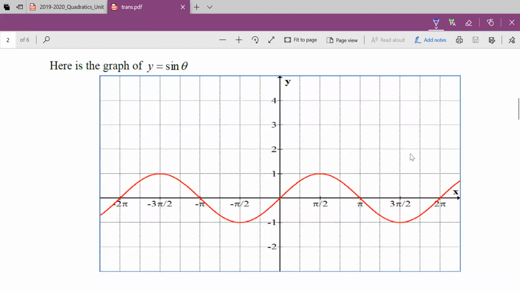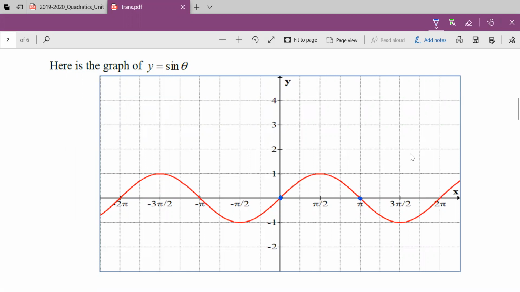Recall from last lesson the basic sine theta graph. By now, what would be really important for you to know is where we created this from, the unit circle. So remember, sine theta is our y values as we go around our unit circle. It would be very useful for you to know the basics of this graph.